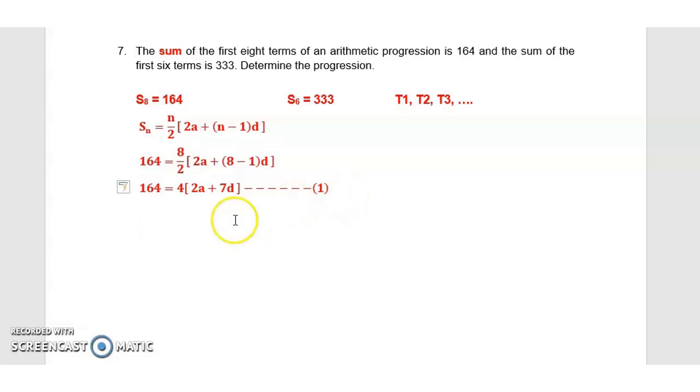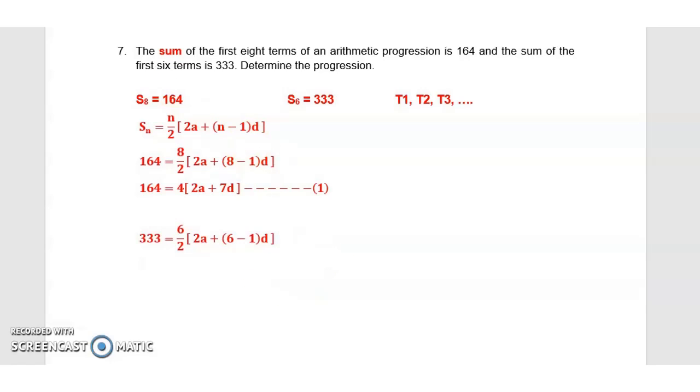Okay, now the same way, write S6 using the sum formula. So now n equal to 6. So S6 equal to 333.